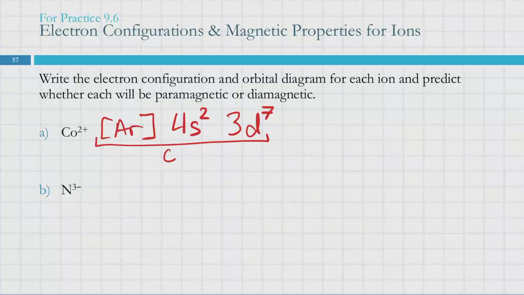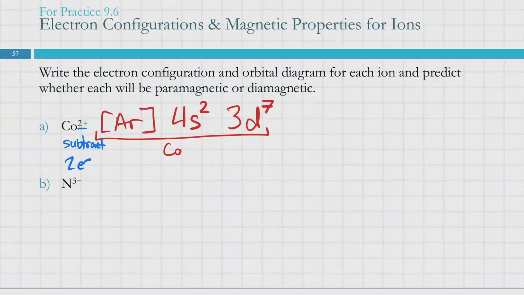So this is just for cobalt. How are we going to modify it for 2+? Are we adding or subtracting electrons? We're subtracting electrons. How many electrons? Subtracting 2 electrons. So what does our electron configuration become?